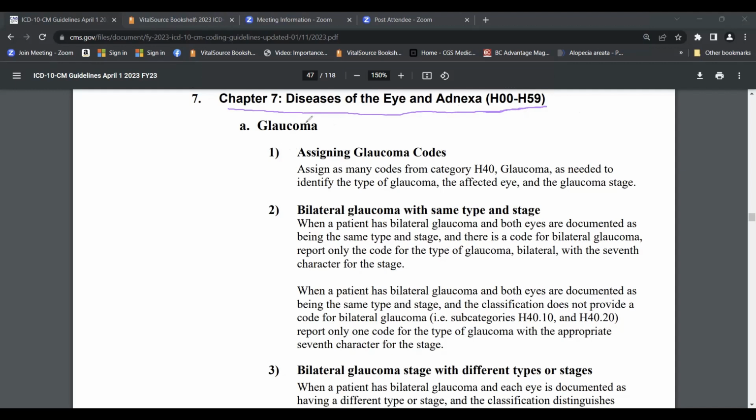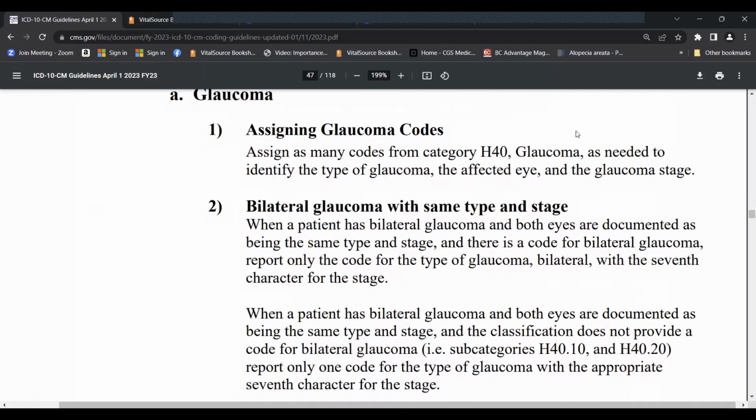So the first guideline says when we are assigning codes, that we should assign as many codes from H40 as needed to identify what? The type of glaucoma, the affected eye, and the glaucoma stage.